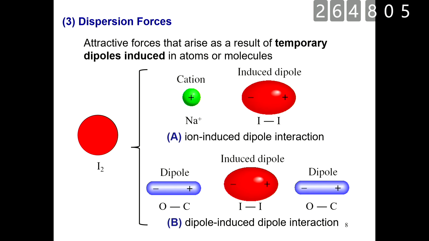But when a cation like sodium comes close to this molecule, the shape of the I2 will change like this. This part has some negative charge. This part has some positive charge.